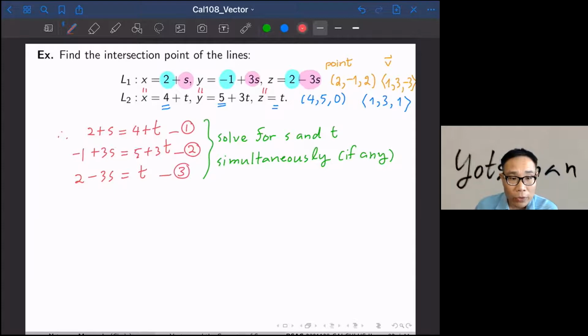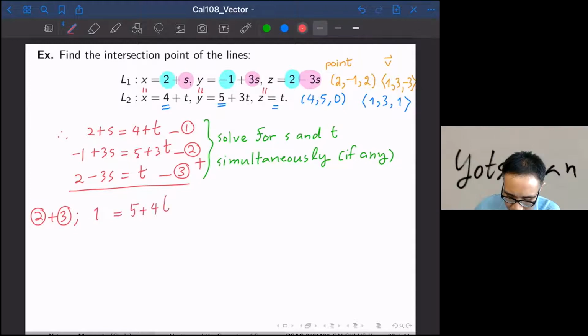The way to solve is to use equations 2 and 3 together, and you can eliminate the variable s. So here you have 2 plus 3 times equation 1 equal to 5 plus 4t. So this will be negative 4 equal to 4t, and you get t equal to negative 1.